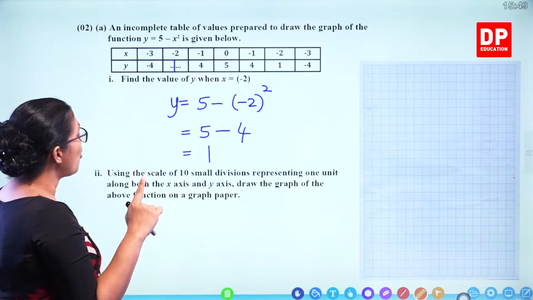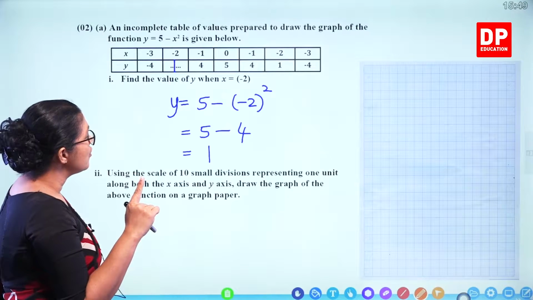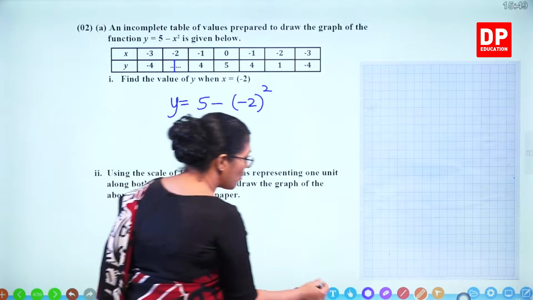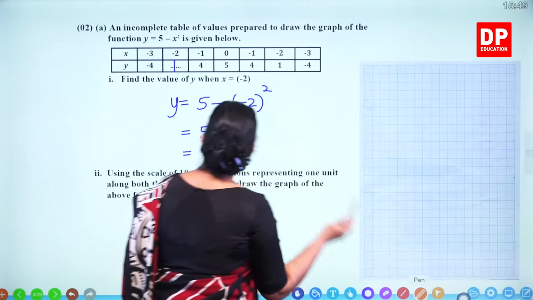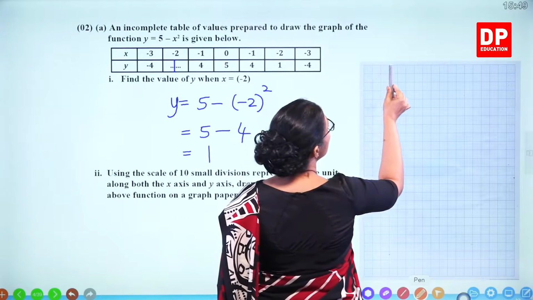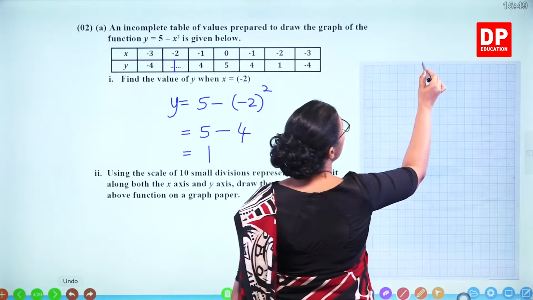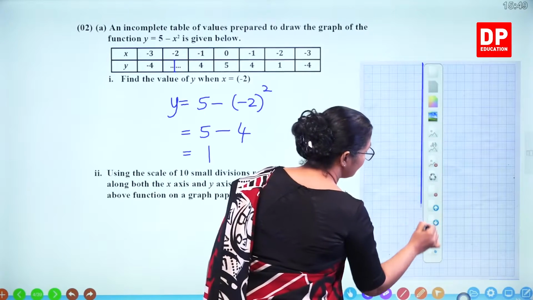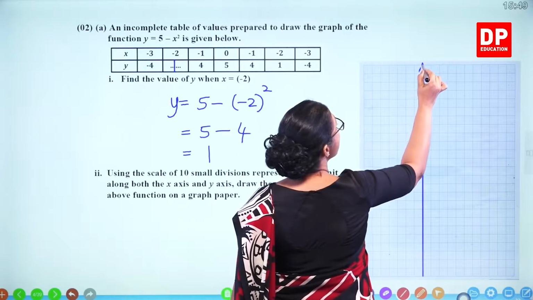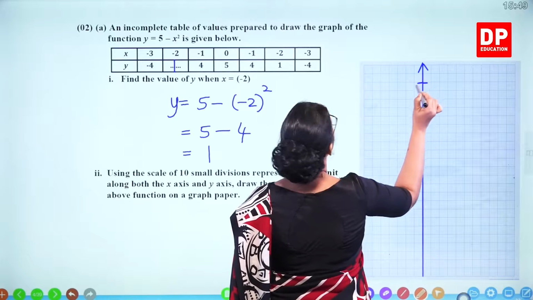Using the scale of 10 small divisions representing 1 unit along both the x-axis and y-axis, draw the graph of the above function on a graph paper. So this is the graph paper you are getting. We'll try to scale it first, starting from minus 3. We'll start from here: minus 2, minus 1, 0. So this is the y-axis. First you can draw the y-axis, and then you can mark the numbers.